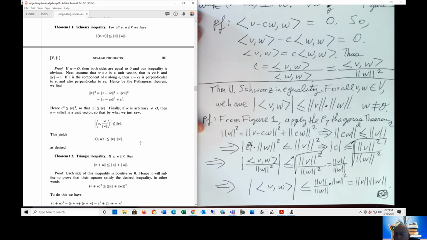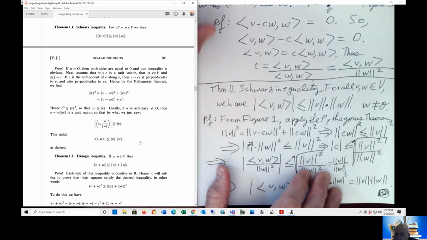Now, this is true trivially when W is the zero vector. You just get 0 is less than or equal to 0. And so without loss of generality, we can suppose that W is not the zero vector.